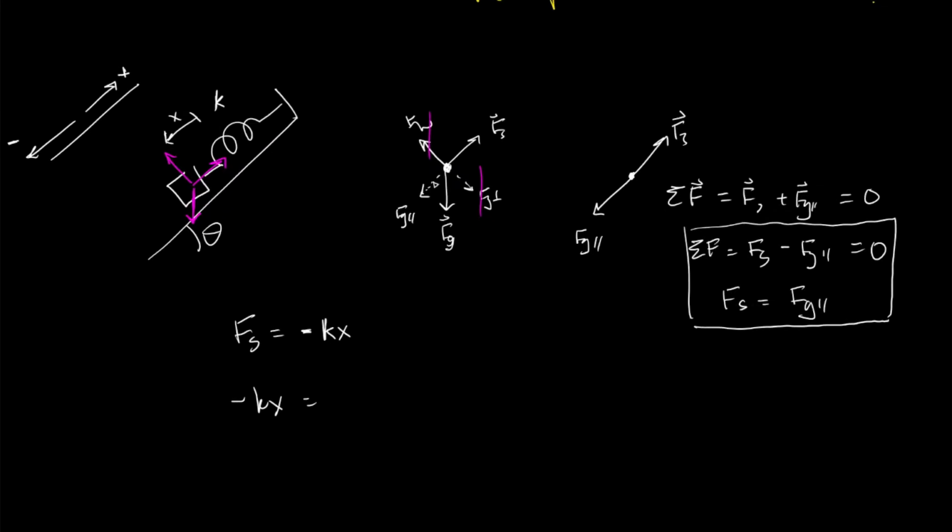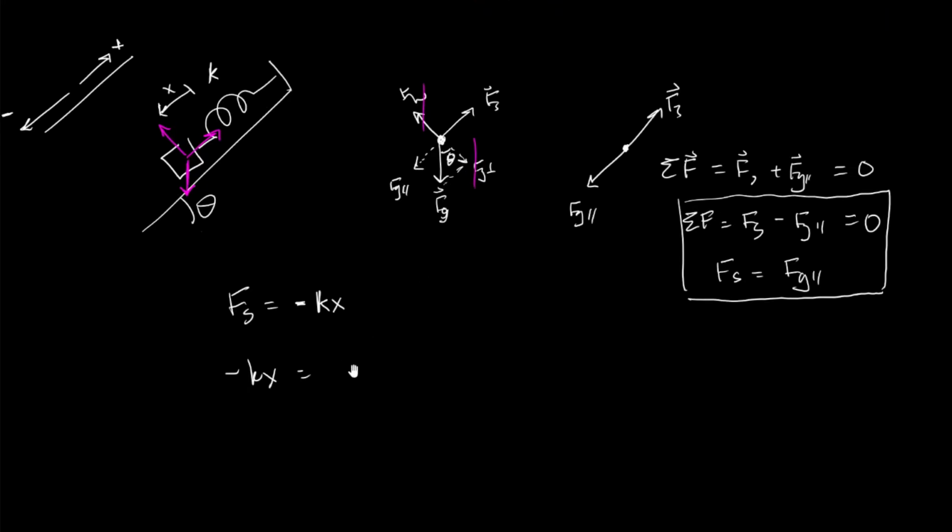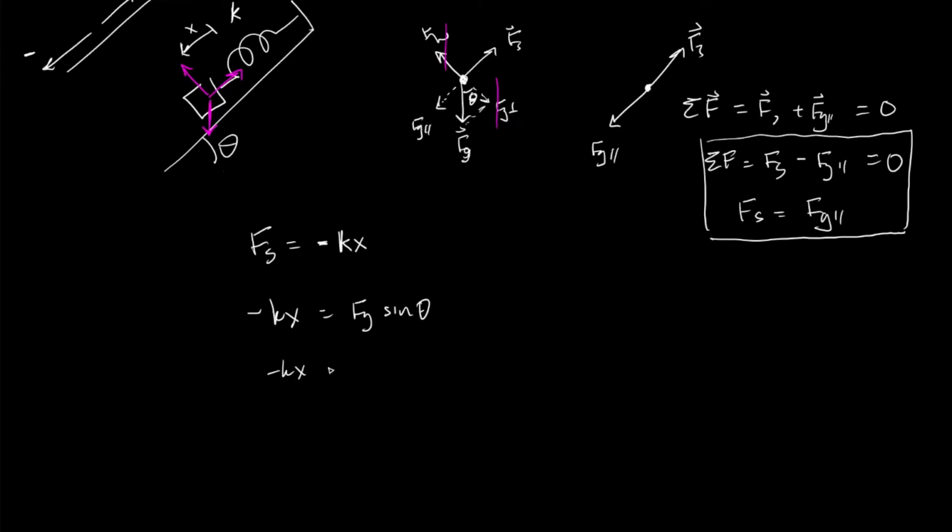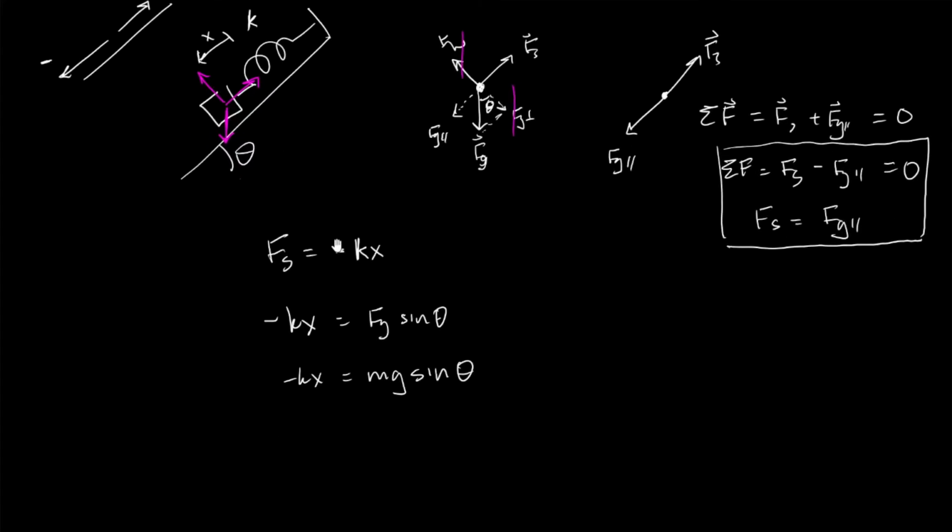If we look at our free body diagram, theta is right here, and that's the same theta here. And this component is this side of the triangle. So we can use trig to get Fg parallel is equal to Fg sine theta, or negative Kx equals mg sine theta. And we can solve that for x.